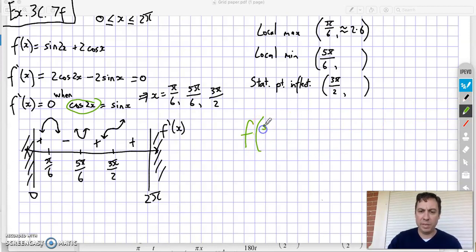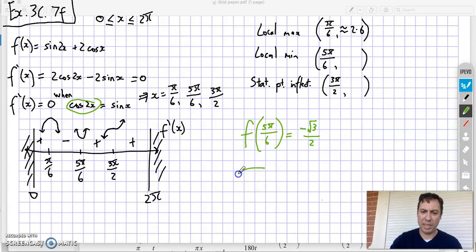So 5 pi on 6. What's the function giving us when the x is 5 pi on 6? Well, the sine of 5 pi on 6 needs to be doubled, so it'd actually be sine of 10 pi on 6. Now that's going to be minus root 3 on 2.